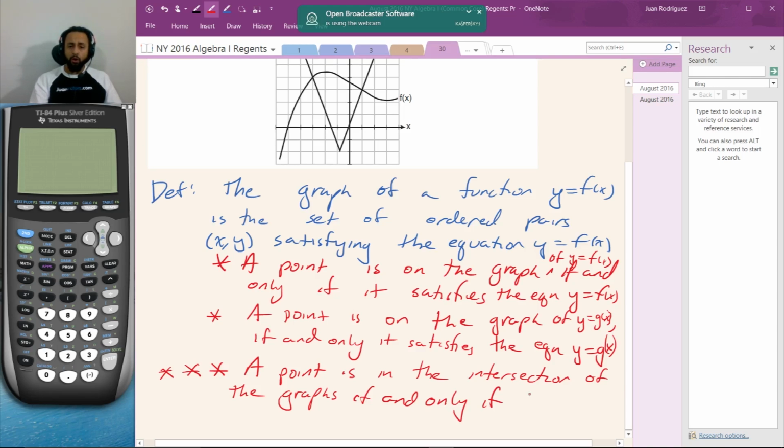So if and only if the point satisfies both equations, y equals f of x and y equals g of x.